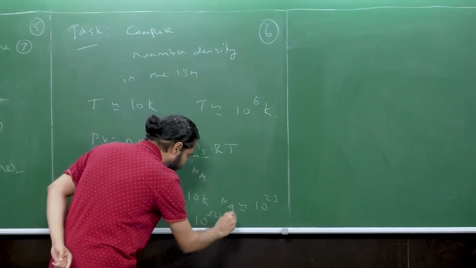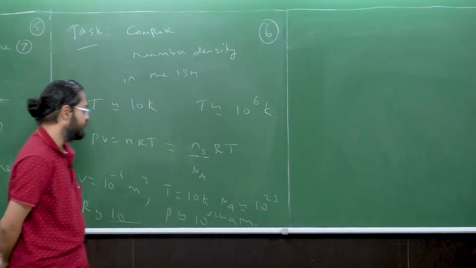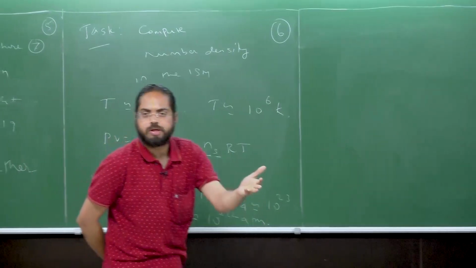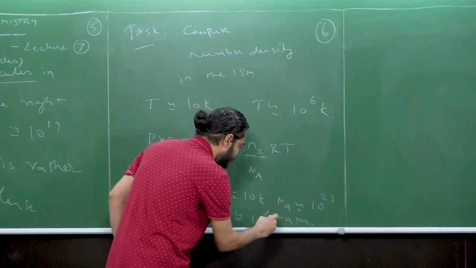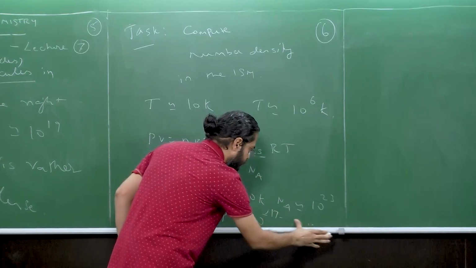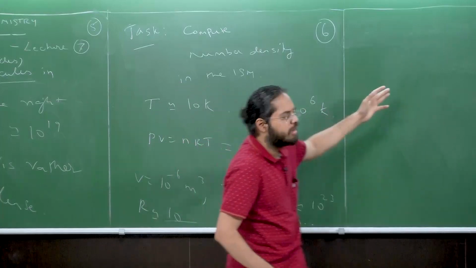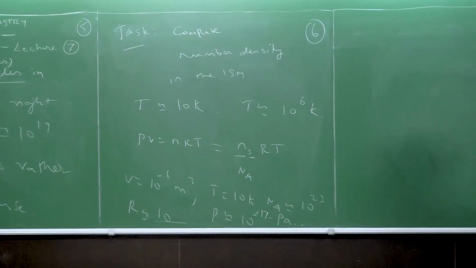Let's take an upper bound of 10 to the power minus 22 atm. What about in terms of Pascal? It's going to be 10 to the power minus 17 pascals, using the very same discussion that we did for Earth. 1 atm is approximately 10 to the power 5 pascals.